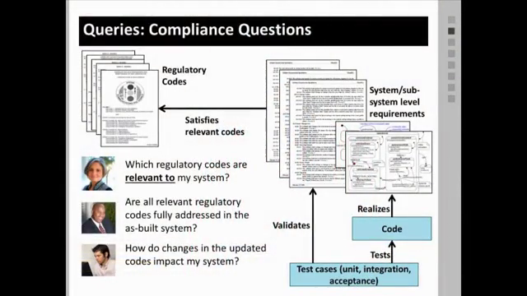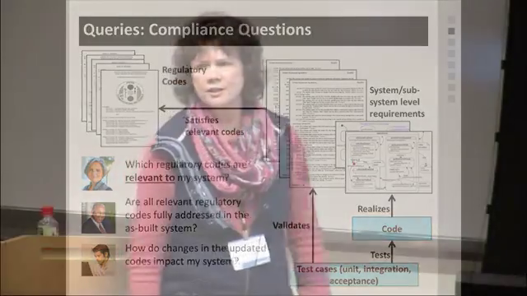Actually, traceability is very similar to project-wide querying, because what we're trying to do is make connections between things. A couple of quick examples are compliance questions or safety analysis questions. Traceability is really important in the world of safety critical software. In safety critical software, you start off with regulatory codes or hazard analysis, fault tree analysis, those kinds of things.